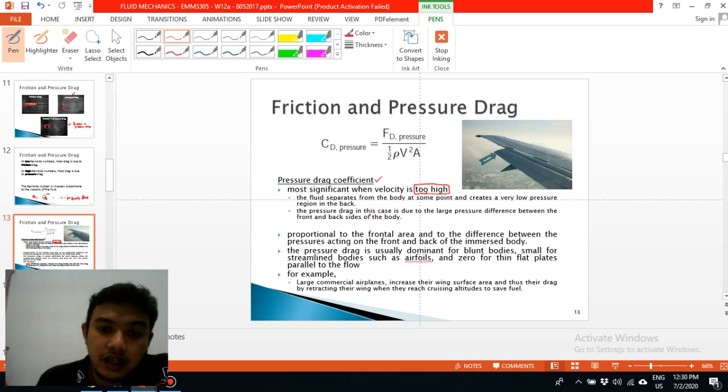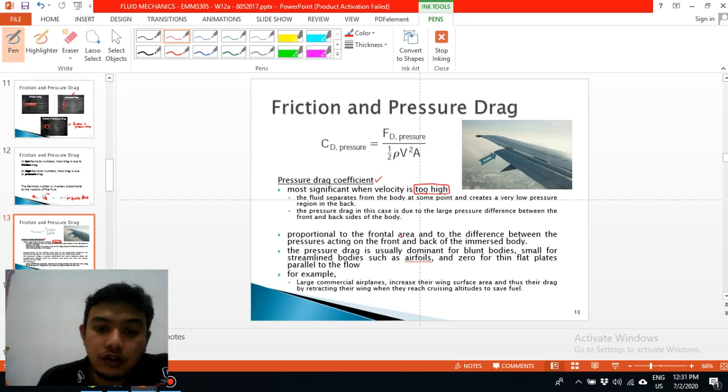The pressure drag in this case is due to the large pressure difference between the front and the back of the body. So when you have a high velocity, the pressure difference is higher. Due to that, there is a low pressure and high pressure at the back and front of the body, which produces the pressure drag.